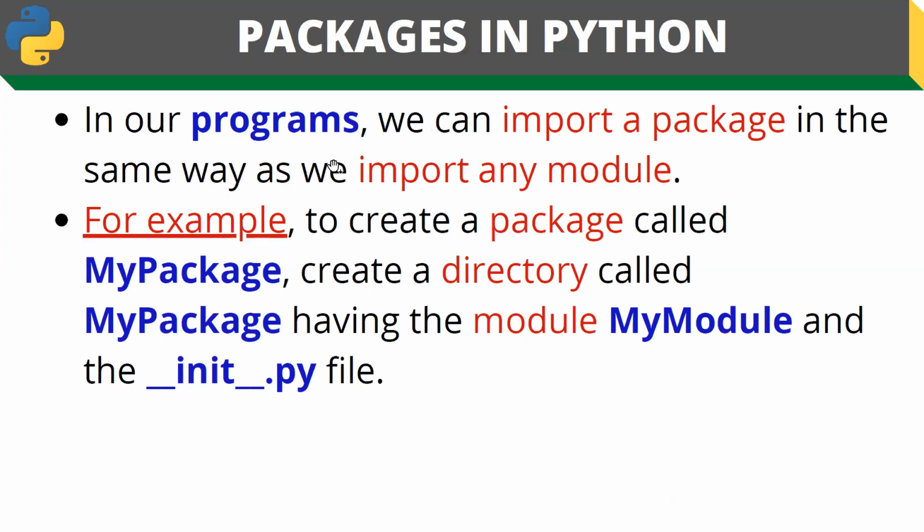In our programs, we can import a package in the same way as we import any module discussed in the earlier lecture. For example, to create a package, let us assume my_package. Create a directory called my_package, consisting of a module, let us say my_module, and the __init__.py file.